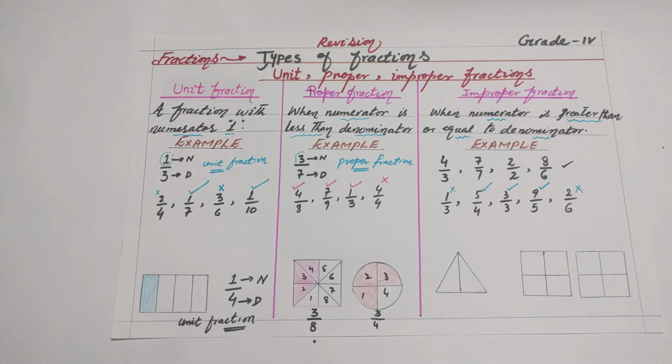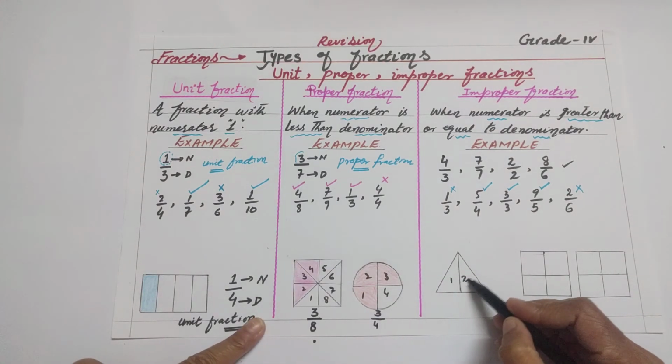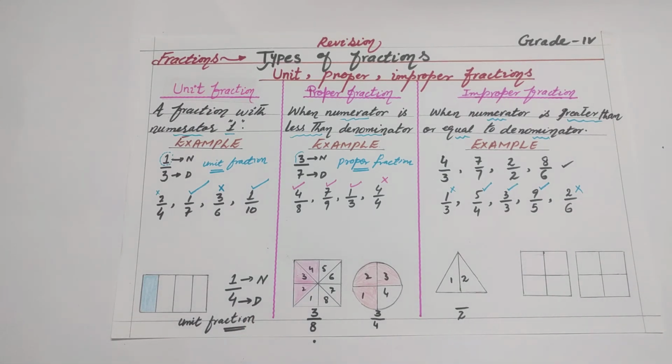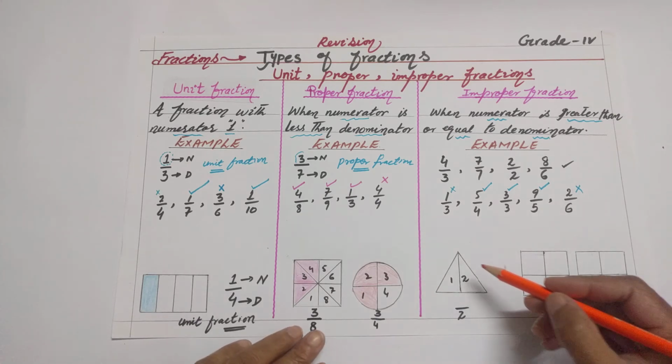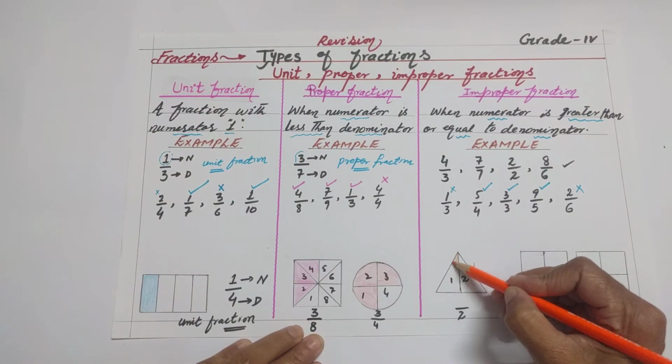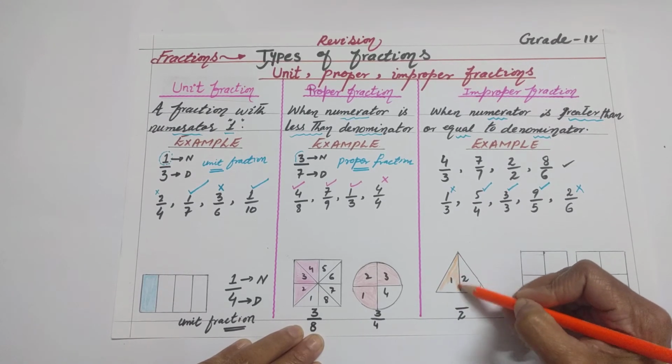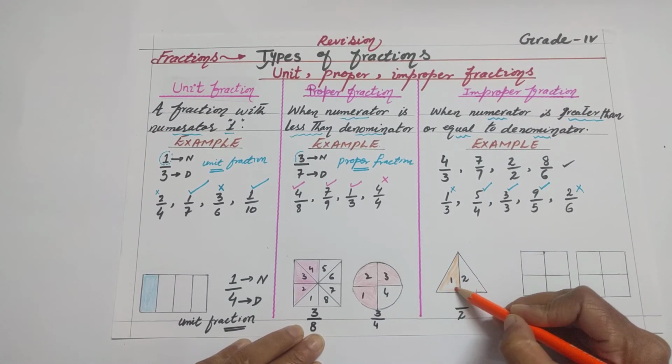First one, as you can see, I have a triangle. The triangle is divided into two equal parts. It means the denominator is 2. So to represent the improper fraction, I have two conditions: the condition of equal and the condition of greater for the numerator.